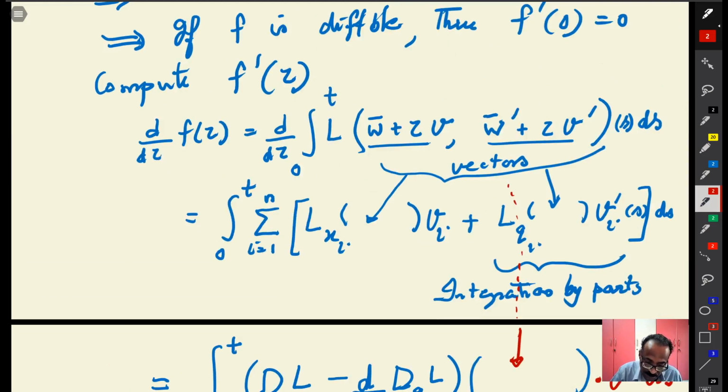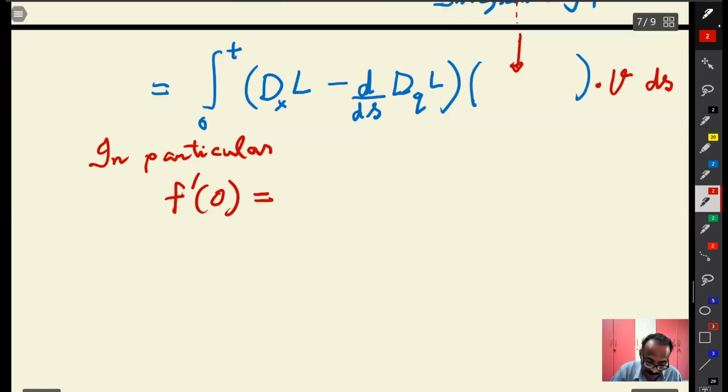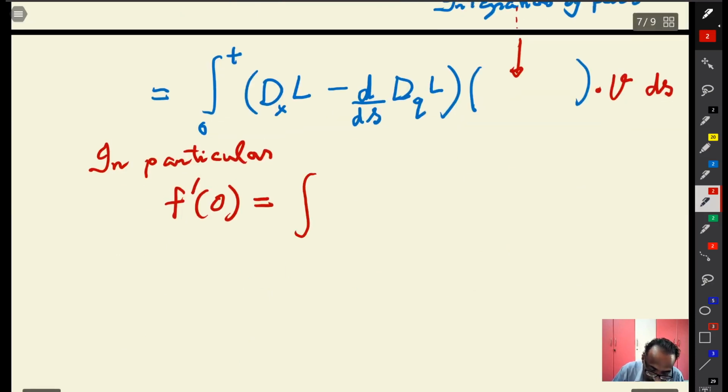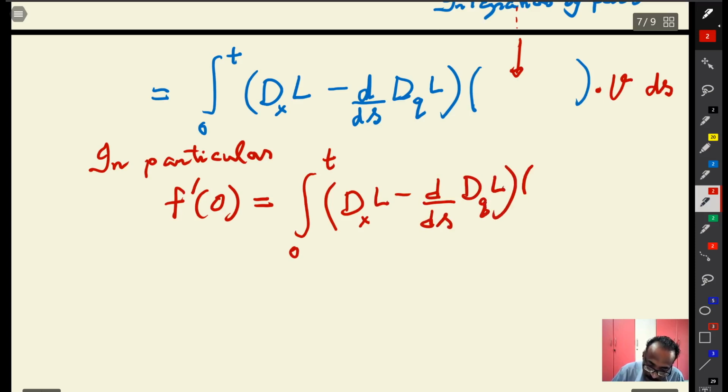If you want to compute at 0, you put tau equal to 0, so you get w bar prime, everything in S. So you will get the integral from 0 to t of dx of L minus d by ds of dq of L, evaluated at w bar of S, w bar prime of S, that argument dot product V with ds.